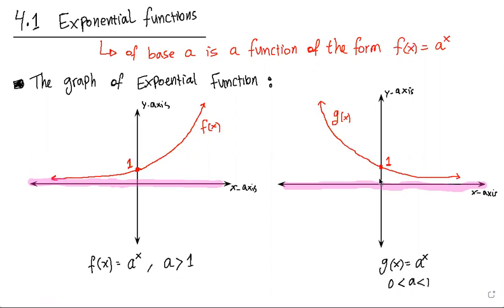Okay, is it clear? So the range here will be from 0 to infinity, but as the 0 is not included, I'll make it a little bit close to the 0, but not including the 0. Same thing for this one. So this is the range, and the pink one is the domain.